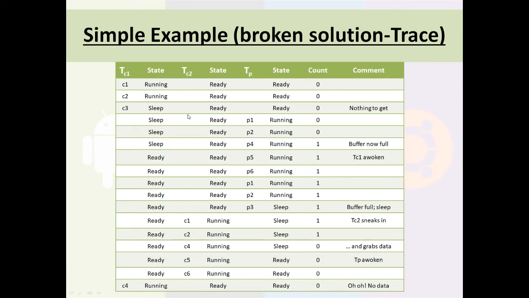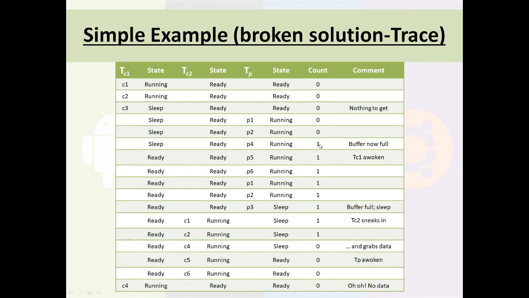Then a producer runs, so TP runs, as you can see here. It acquires a lock at P1. It checks if the buffers are full at P2, and finds that they aren't full. So it goes ahead and fills the buffer at P4, and the buffer is now full at this point.